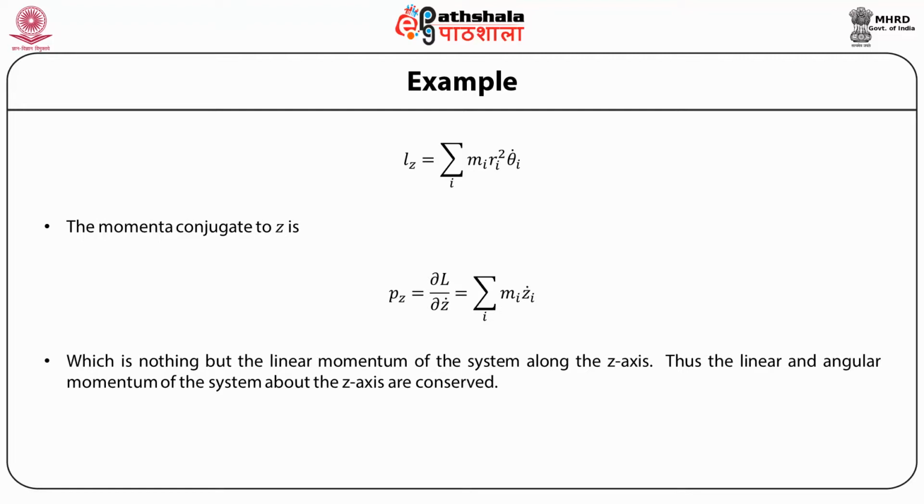Thus, in this example, where the particle moves in a central force field, which depends only on r, the linear as well as the angular momentum of the system about the z-axis are conserved.